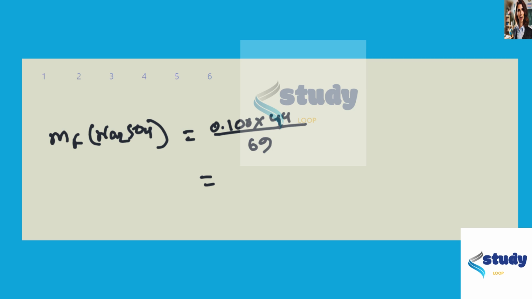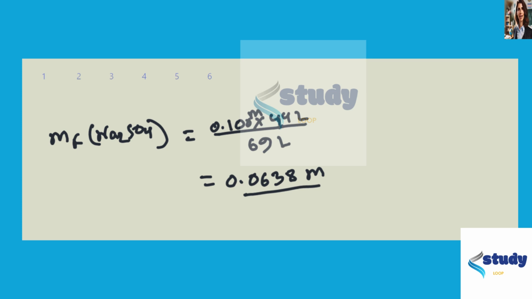This will give us the final concentration of Na2SO4, which is 0.0638 molar. So this is the final concentration of the Na2SO4.